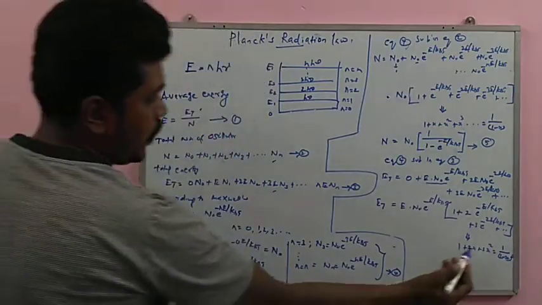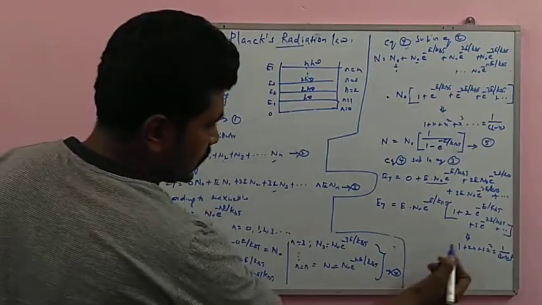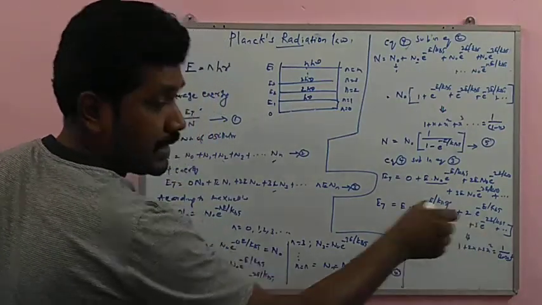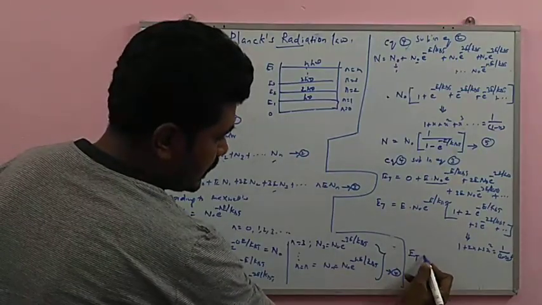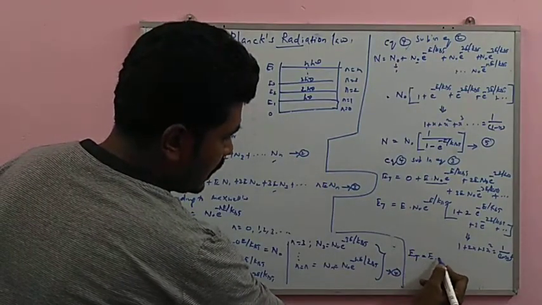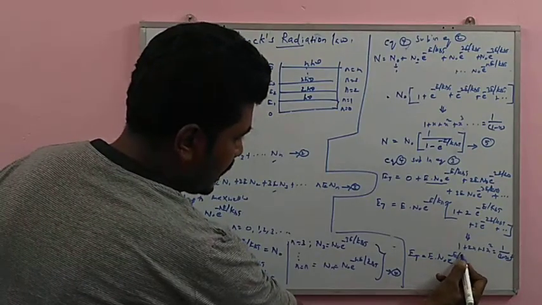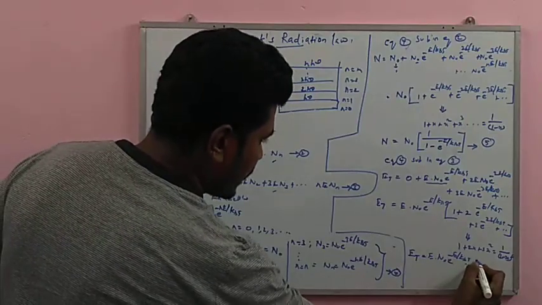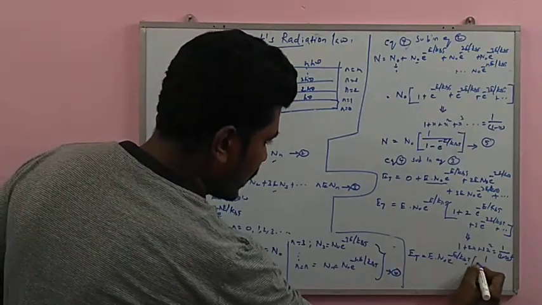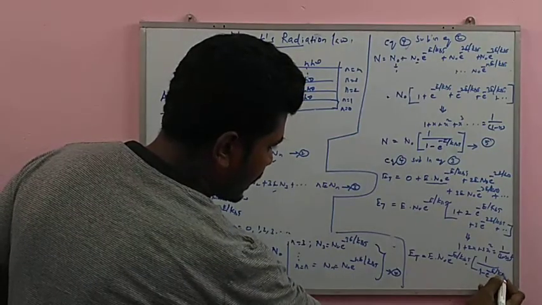Here x means e power minus E by kBT. So the total energy is equal to E into N0 e power minus E by kBT, into 1 by 1 minus e power minus E by kBT, whole square.